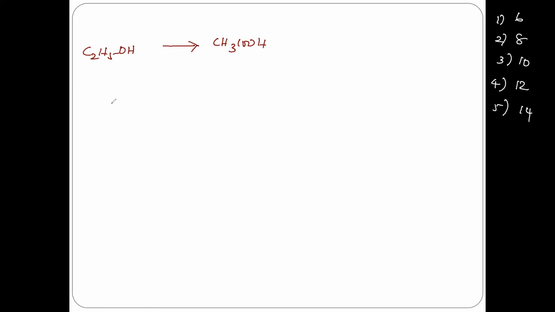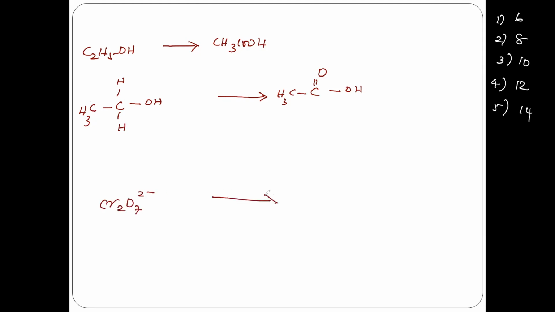You can write in this manner, this should be easy, CH3CH2OH, which will give CH3COOH, right? And next, your dichromate ions, Cr2O7 2- will give Cr3+. You have to balance the equation, that is 2.